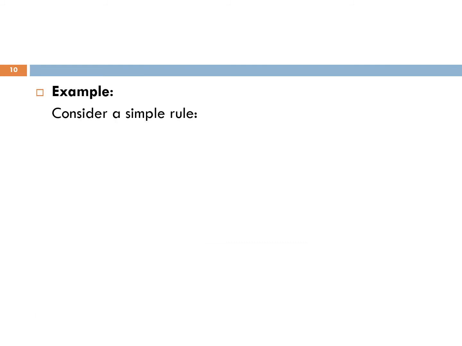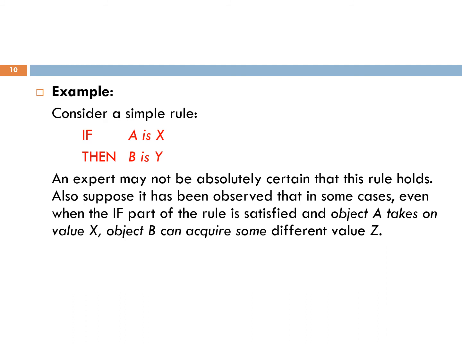Okay, let me look at an example. If we consider a simple rule, if A is X, then B is Y, where an expert may not be absolutely certain that this rule holds.